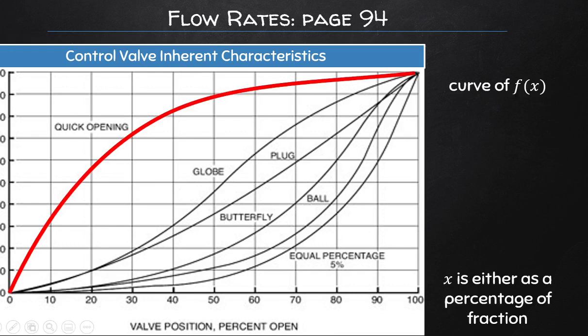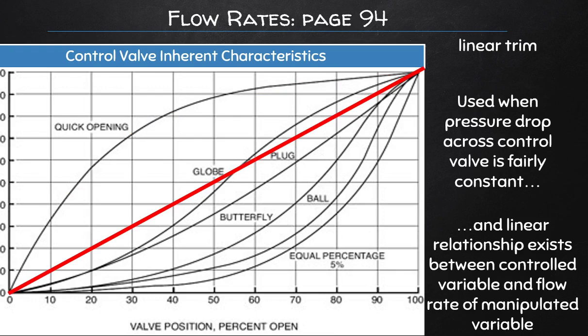For quick opening valves, the response of the actuator or to the actuator in the beginning is quite fast for low values of X, as shown here. A linear trim type valve is typically used when linear pressure drops are required across the valve.